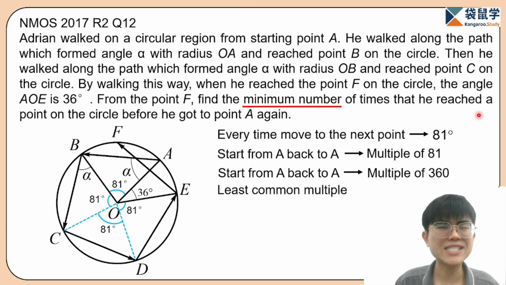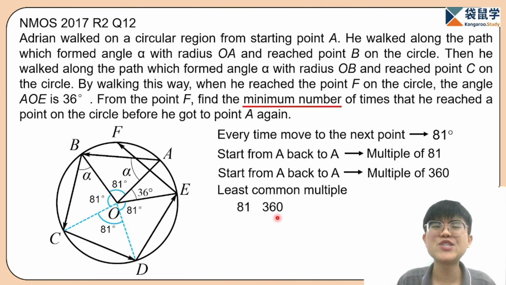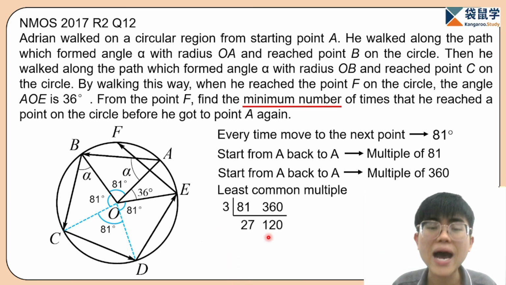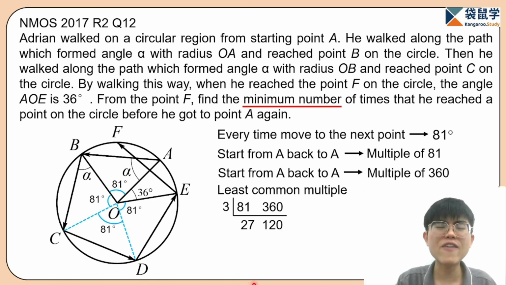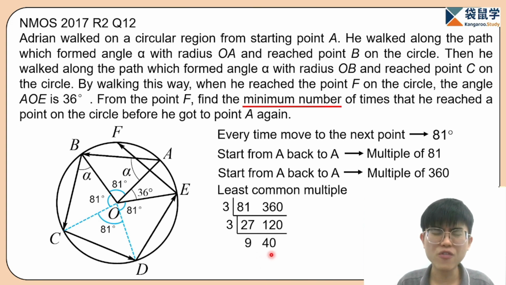We find the least common multiple, everyone. So we have 81 and 360. Both of these numbers, we can divide by the number 3. So we divide by 3, and you will get 27 and 120. And these two numbers can also be divided by 3, alright? Then you have 9 and also 40.